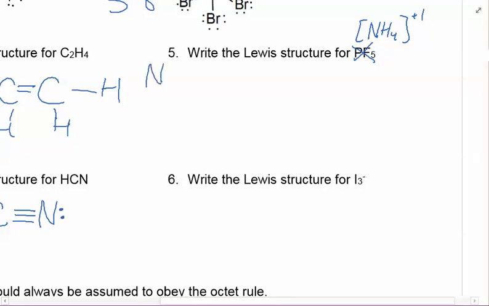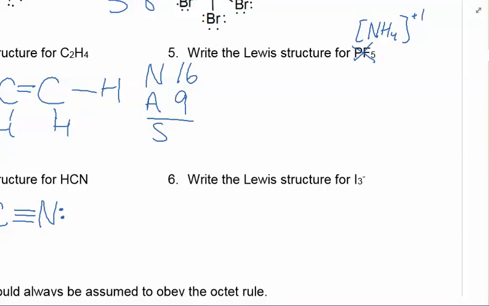So we have 4 hydrogens and 1 nitrogen. So for my needed, I have the nitrogen, which would be 8, plus 8 from my 4 hydrogens, resulting in 16. I have available to me right now 5 from the nitrogen and 4 from all of the hydrogen, resulting in 9.